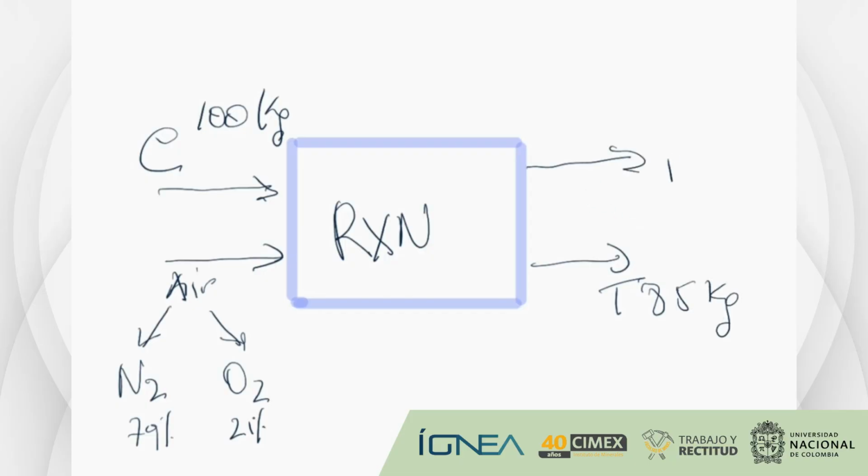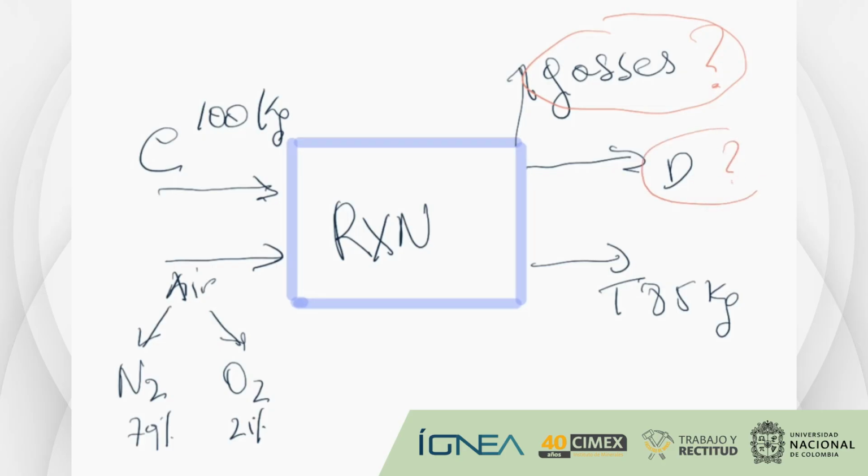Also, we have dust, and as a result, we have gases. The problem says that we have to define the quantity of gases, the quantity of dust, and the quantity of air.